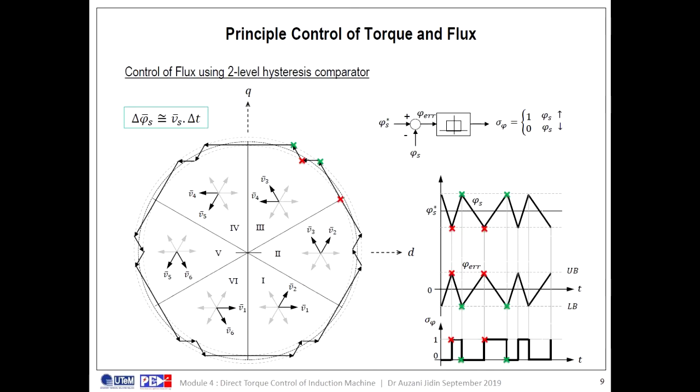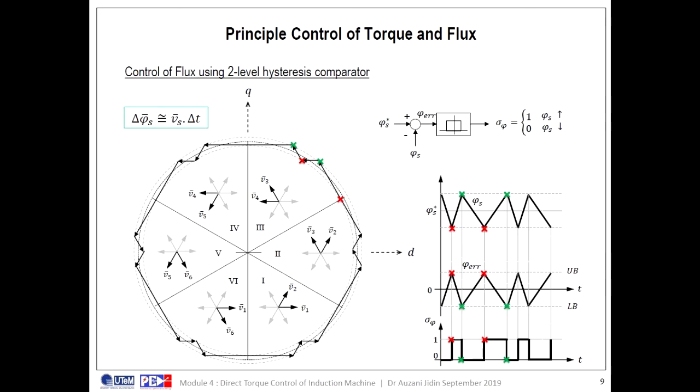If the stator flux point is below the reference stator flux, it will generate a positive flux error when the stator flux is compared with the reference flux. This flux error status will show 1, meaning to increase the stator flux.